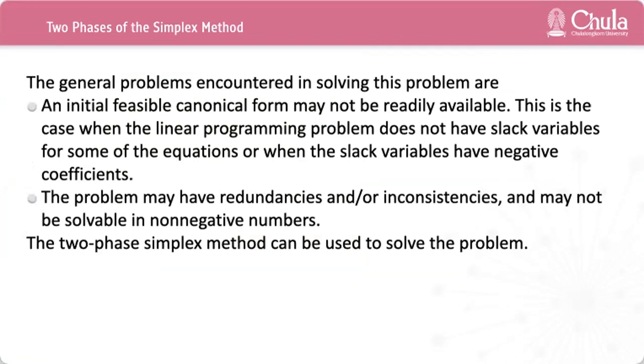Because we have to start from inequality constraints and then add slack variables to change them to equations. But if the problem originally has an equality constraint, we cannot do that. And the next thing is that on the right hand side, the b value must be non-negative.